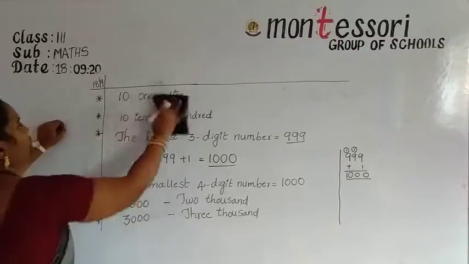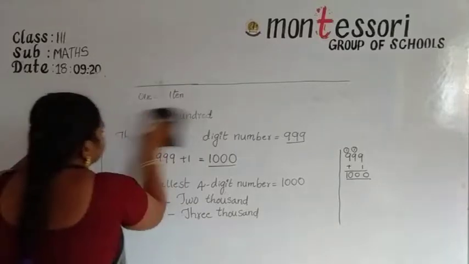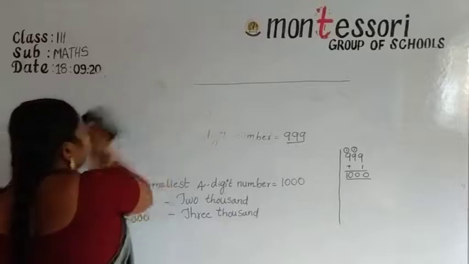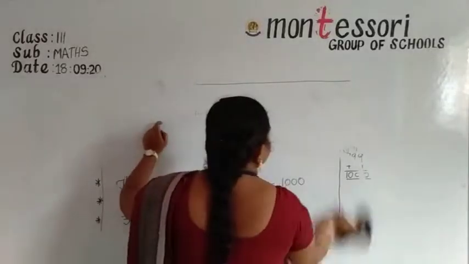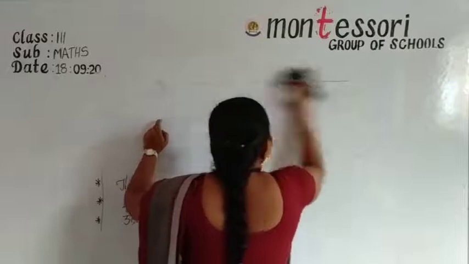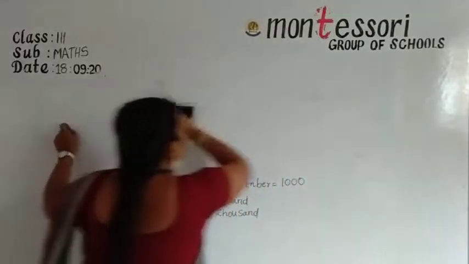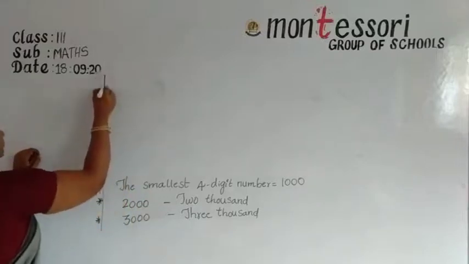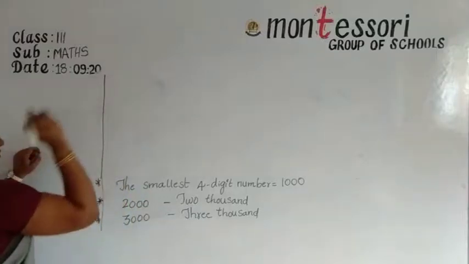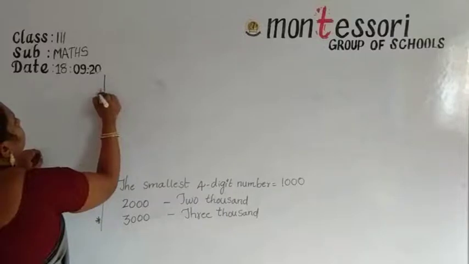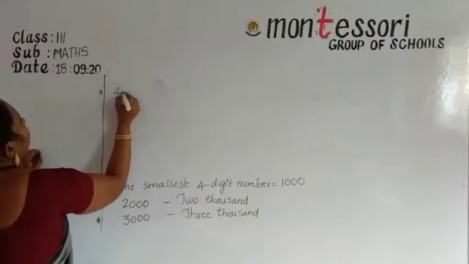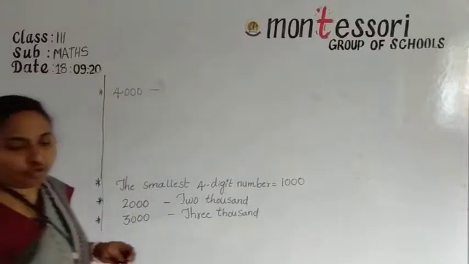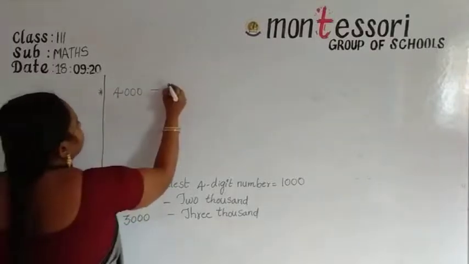So now I rub the board. Again draw the line here. Okay, 4000.